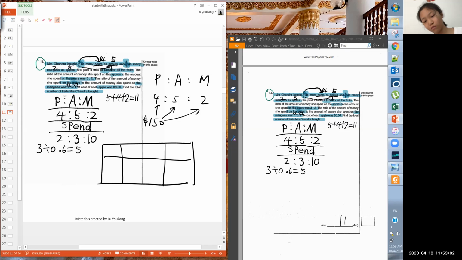So this is price per fruit. So you have pear, you have apple, and you have mango.